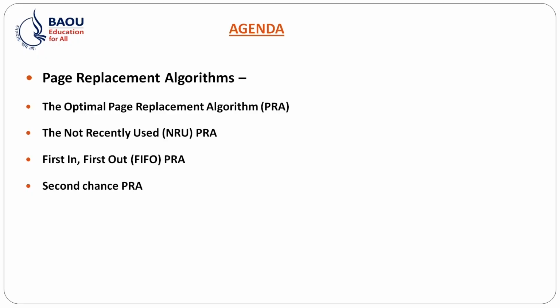To solve all the page faults and errors that occur in pages, there are different algorithms that apply well on the pages. So, in this session, we are going to understand various page replacement algorithms such as the optimal page replacement algorithm, the not recently used page replacement algorithm, first in first out algorithm, and second chance page replacement algorithm.